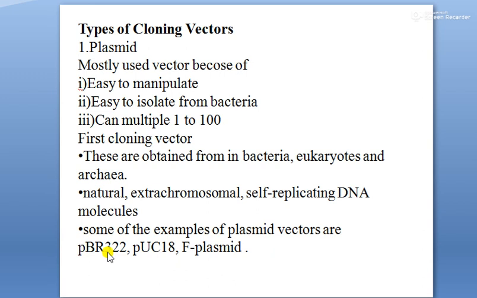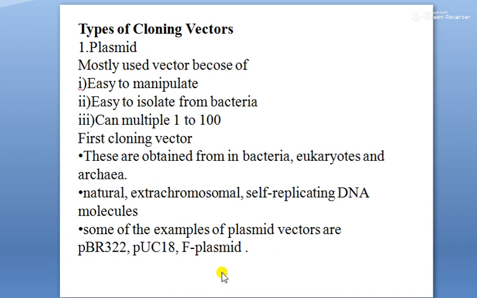Here in pBR322, the discoverer names are Bolivar, indicated as B, and Rodriguez, indicated by the R, and the number 322 depends on the laboratory's numbering, and it is the same for pUC18 and other plasmids.